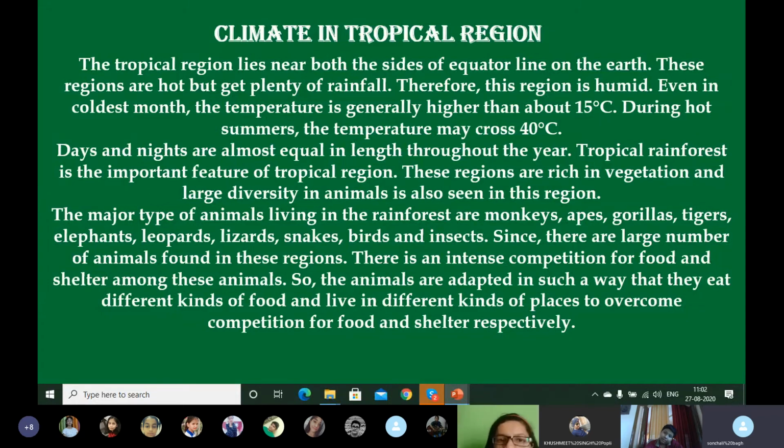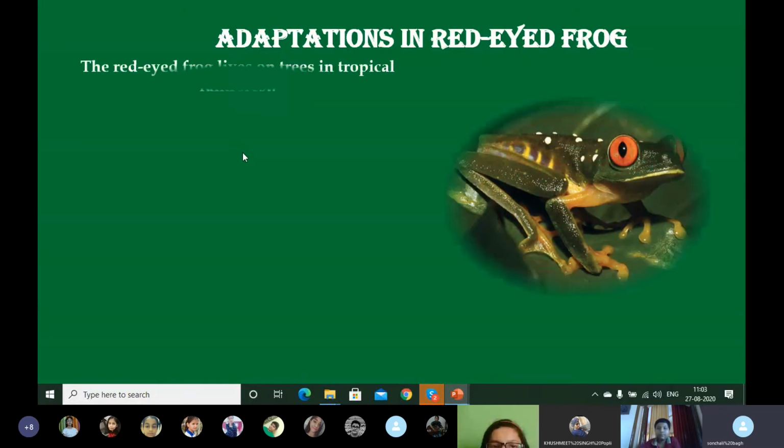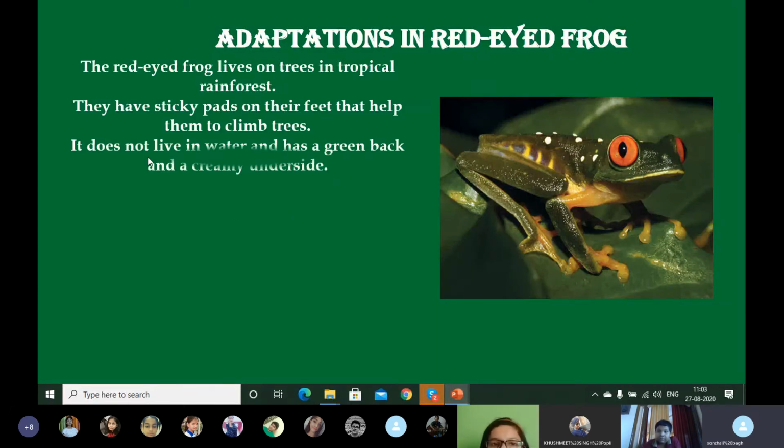Adaptation in red-eyed frogs. So the first type of animal I am taking is red-eyed frogs. The frog generally lives in water, but this type of frog lives on trees. They have sticky pads that help it to climb on the trees. They do not live in water.